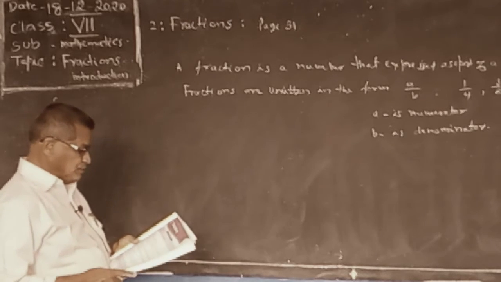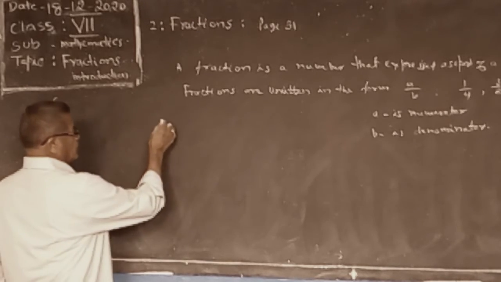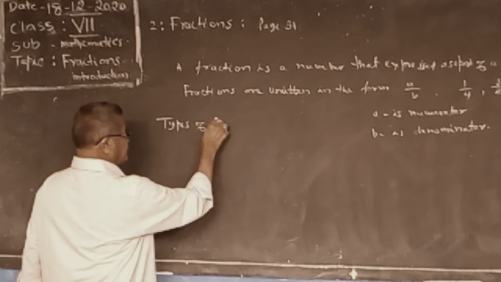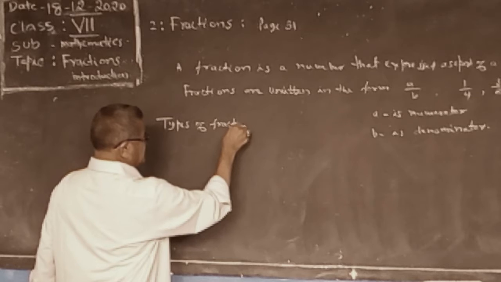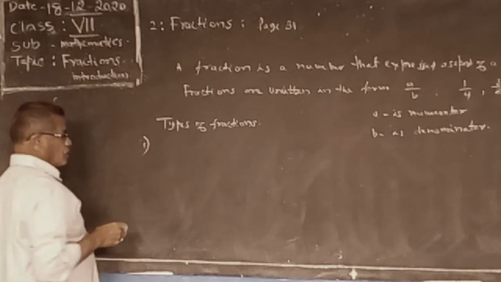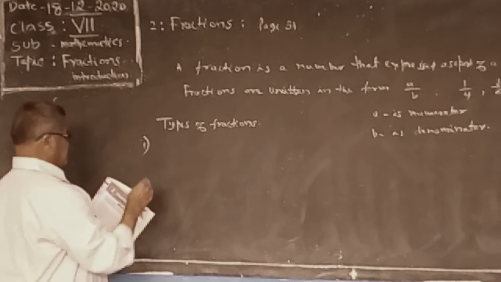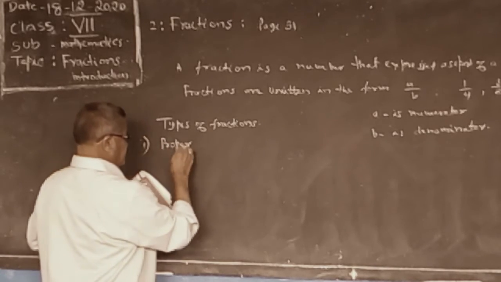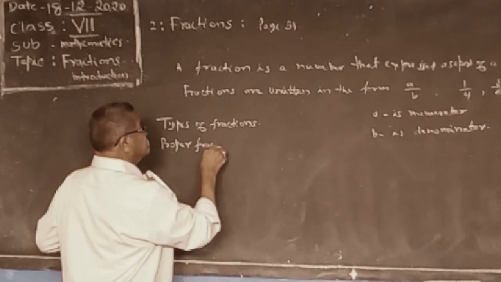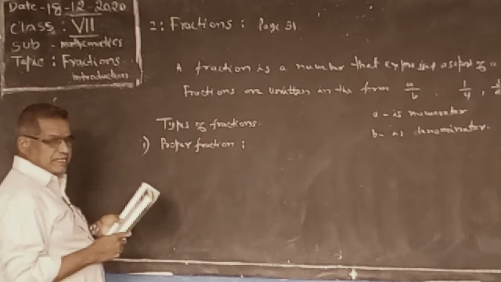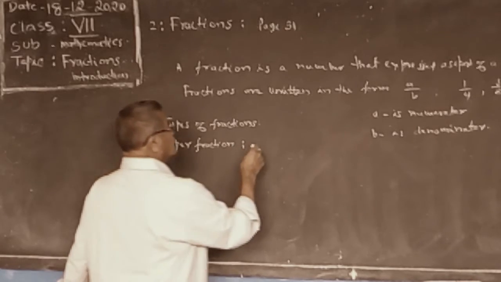Now, types of fractions. Number 1, proper fractions. Proper fraction means the numerator is less, the denominator is more.